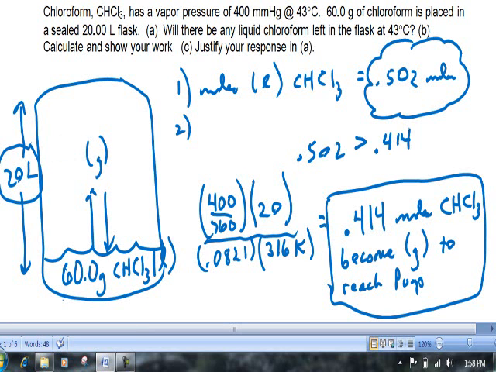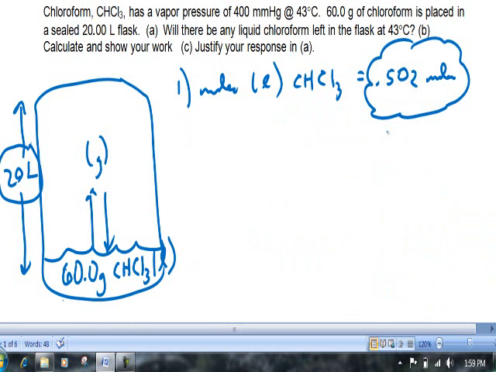The difference between the two numbers would be the excess material that remains liquid and stays liquid because we have an equilibrium between gas and liquid phases, keeping the amount of liquid and the amount of gas constant once we've established the vapor pressure. So because the amount of liquid is greater than the amount of gas that we need to reach the vapor pressure, equilibrium is reached, and a small amount of liquid remains behind in the container during this equilibrium situation.